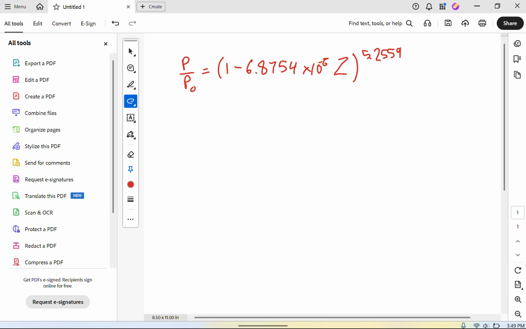So to get your standard pressure, you would just multiply this by your atmospheric pressure here. So atmospheric pressure in imperial units would be 14.696 psi, but you can of course use metric, which would be about 101.3 kilopascals. So I'm just going to leave that equation up there for now because this is going to play a part in some of the other equations.